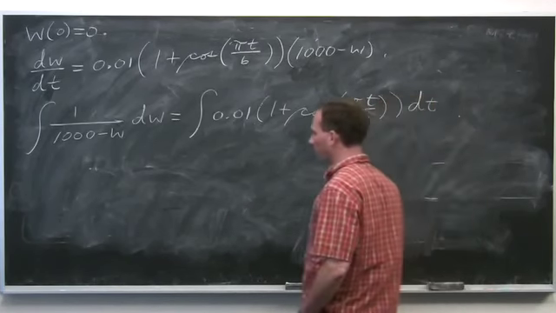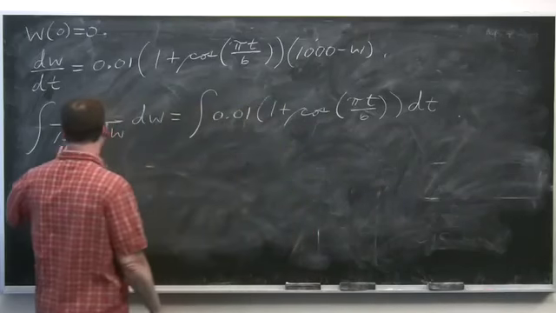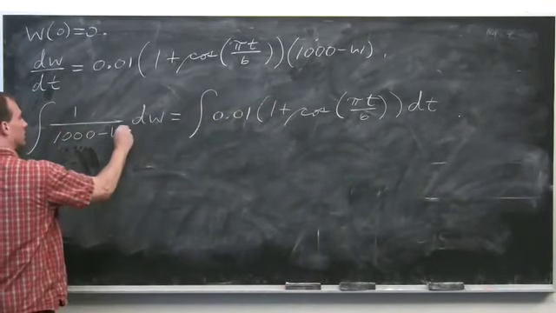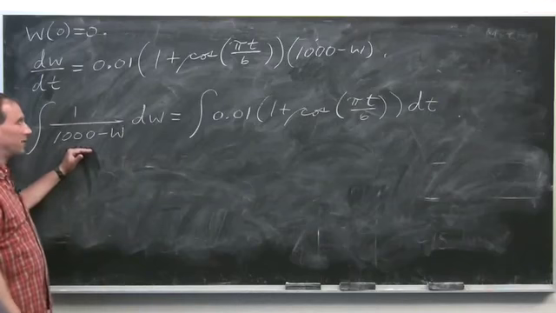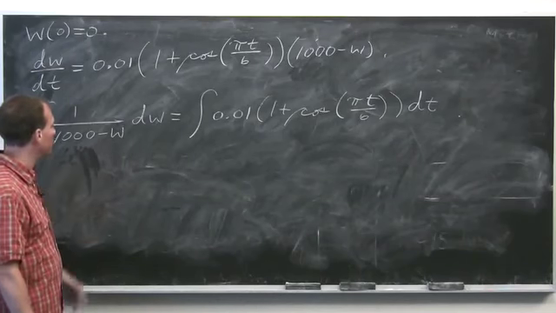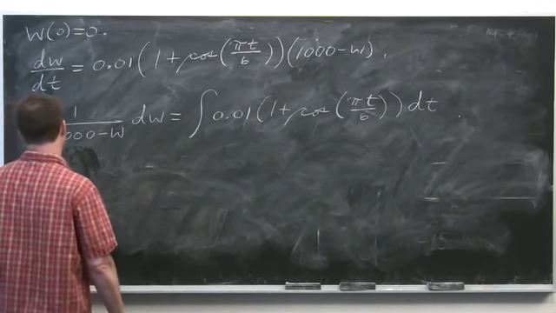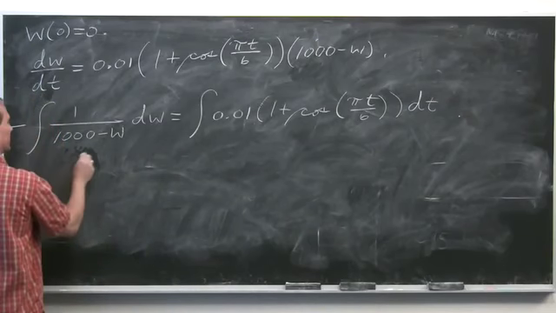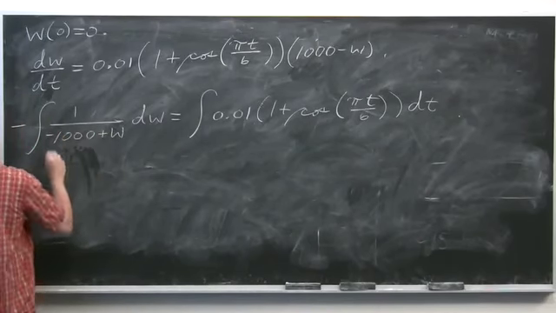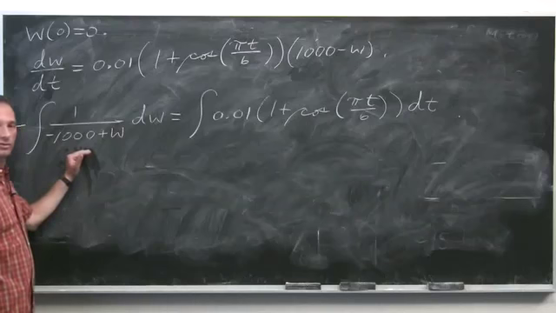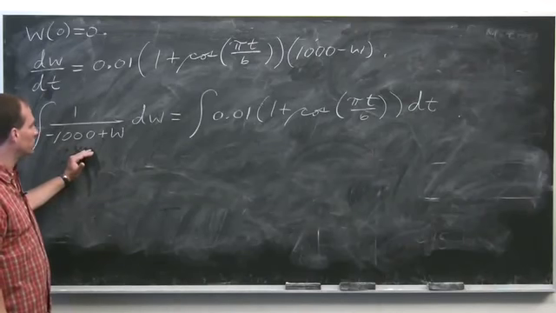All right? We've integrated something like this several times now. You let u be 1,000, well, except we didn't have the minus sign. But we could factor that out. So you can pull out a minus sign and then have plus w and minus 1,000. Now this is like something we've done several times recently.